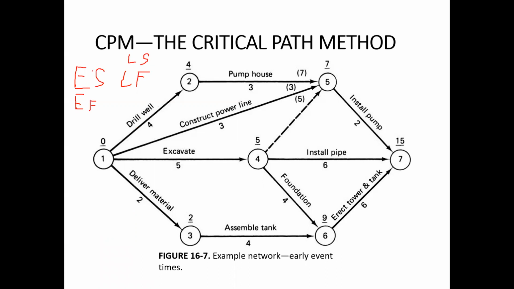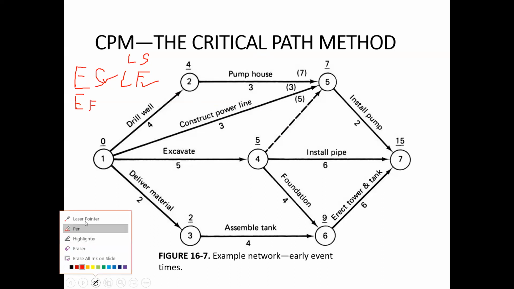But what we can calculate is earliest start from this network and latest finish from this network. So with this network, as I have said, I can calculate the earliest start and latest finish. The other two times we can very easily calculate.